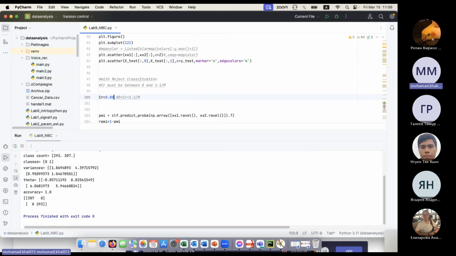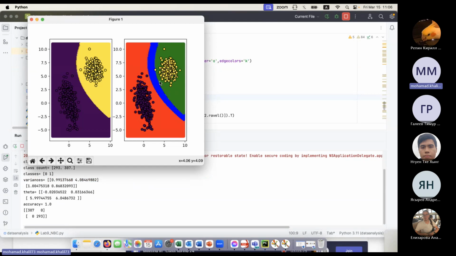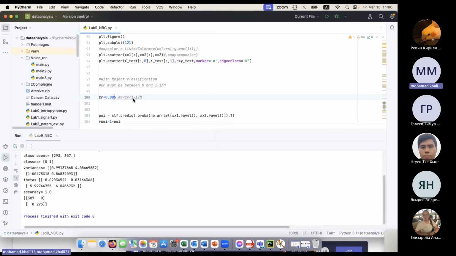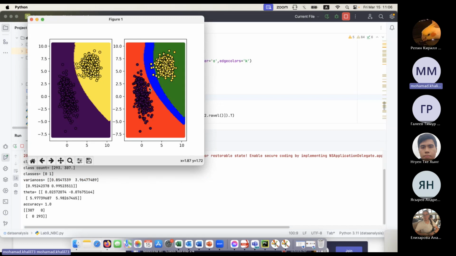It's 0.005. It is very big. And 0.005, run. Look, it's very, very big.